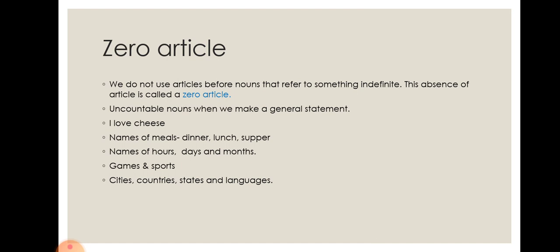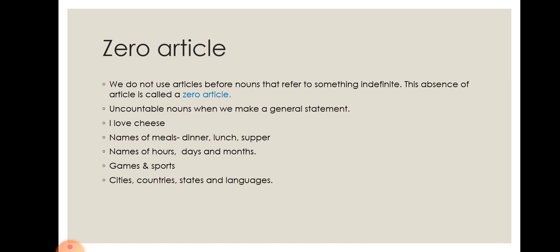Then coming to cities, countries, states, and languages. Wherever you go and you say I am an Indian, I belong to India, you need not say I belong to the India. Why? We don't want that, right? We need not use any article before India, because it's particularly one country, the name of a country. So keep this idea in your mind so that it will be very easy for you to apply zero article.